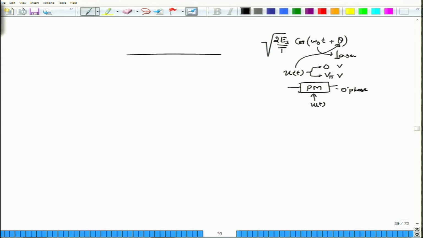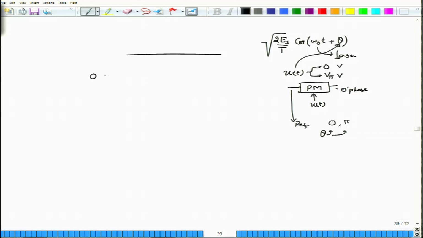Okay, so this is 0 phase being transmitted, whereas when u of t becomes equal to V pi, then the input and output are 180 degrees out of phase with respect to each other. Taking the input as the reference, the output is either in phase with the input, or it is pi phase shifted, and these two can be mathematically captured by allowing theta to be 0 or pi.